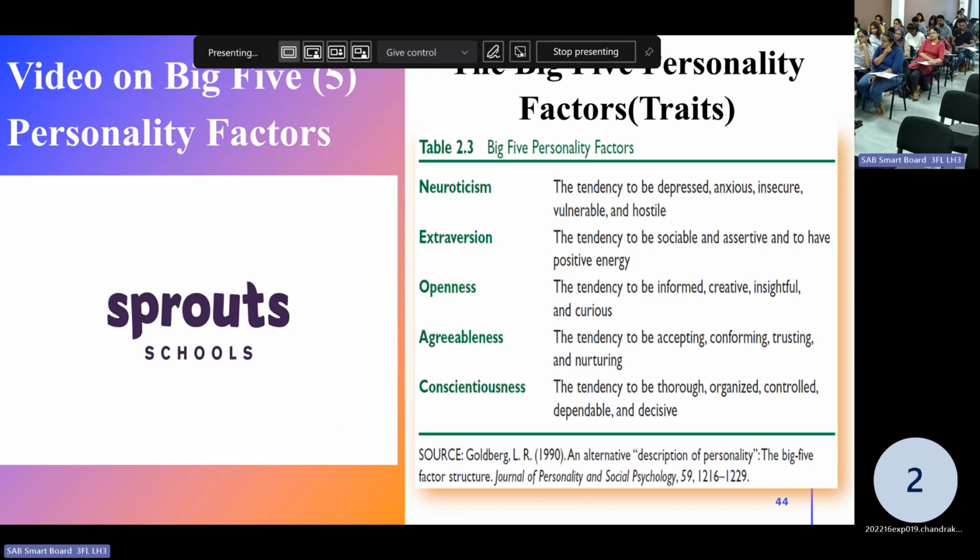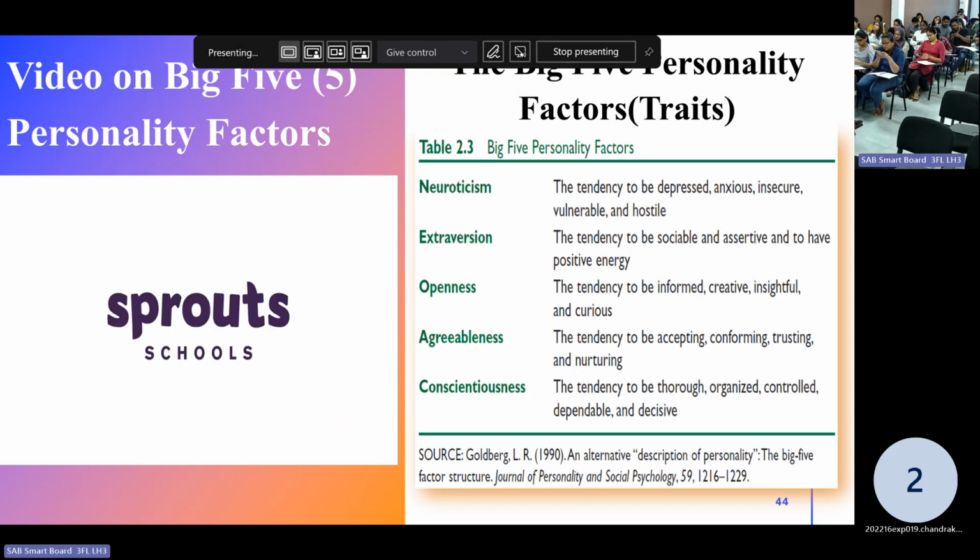These 5 factors, our book has full detail, you can read it. The same chapter would be there. Okay. So that's why I uploaded the book. You have to read it as and when, otherwise it becomes a big issue when you read it last. So I have extracted from your book.